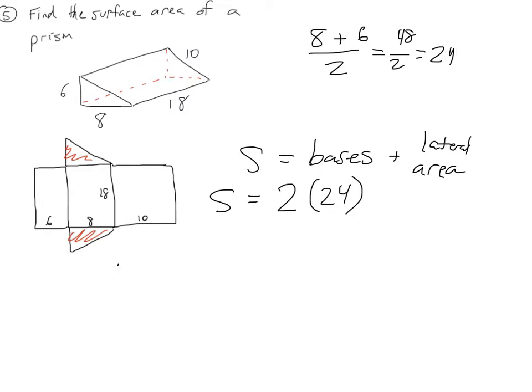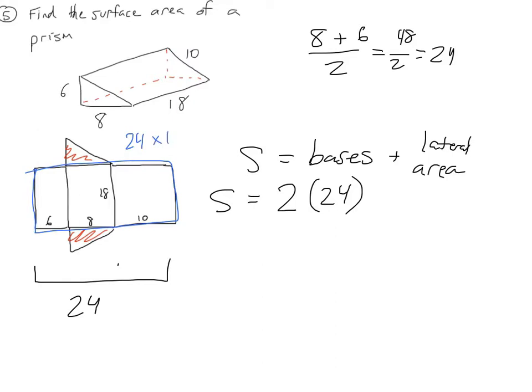Do we know the area of this lateral area? Sort of. I know that this distance there is just 6 plus 8 plus 10, so that's 24. And we know the height, because here it's 18, so here it's also 18. So the lateral area, which I'll do in blue, is going to be 24 times 18.